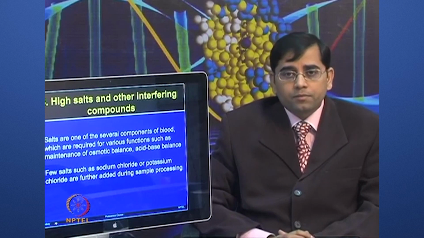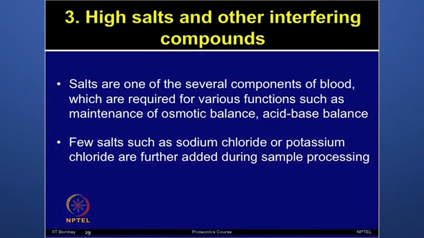The third point, the presence of high salt and other interfering compounds. As we have talked about different types of interfering compounds, you are now familiar that salts are one of the several components which could be very interfering during your proteomic applications.